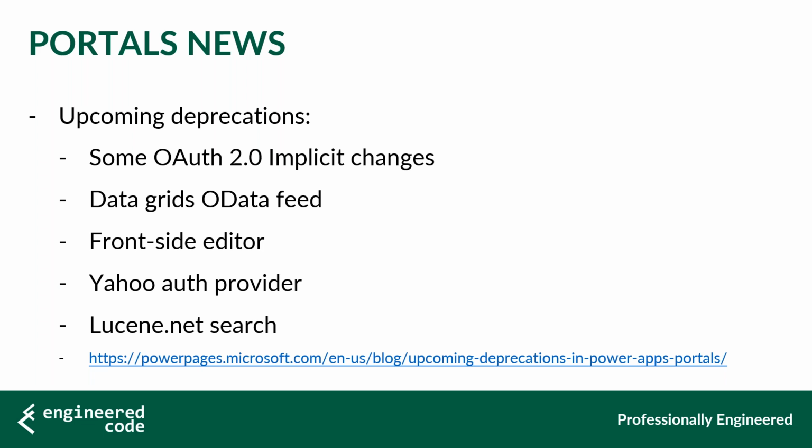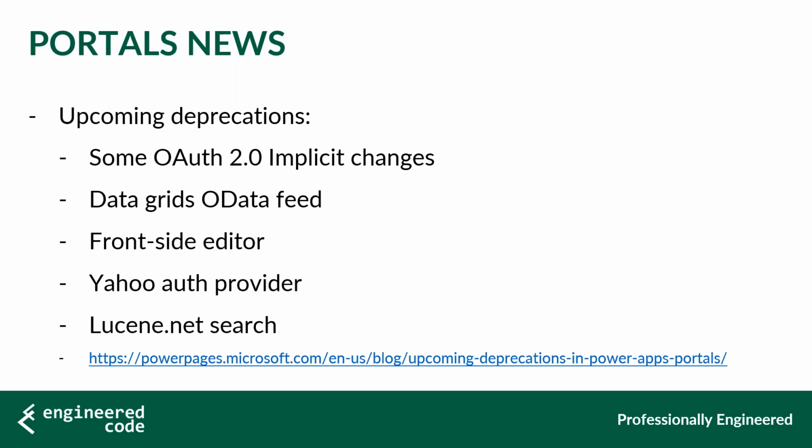They are also deprecating data grids. Again, data grids are entity lists or lists. Looks like they're going to be removing the OData feed. Of course, that OData feed was the source of all the headlines, I think it was last year, with the quote-unquote data breach. That really wasn't a data breach, but yeah, it looks like they're turning off that functionality. Some of the rationale behind that is that now with the web API, you can essentially expose a feed anyways.